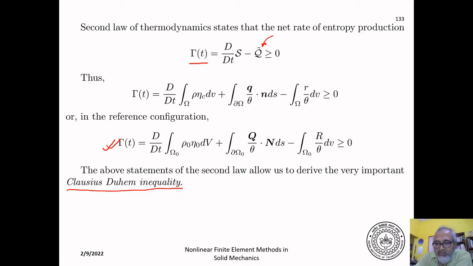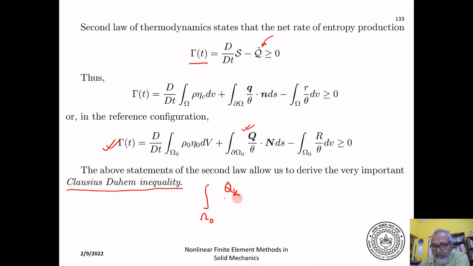We will use this Clausius-Duhem inequality in many ways in the next few lectures. Now let us simplify this a little bit. Let us simplify this term first and use the divergence theorem to convert it into a volume integral over omega naught.